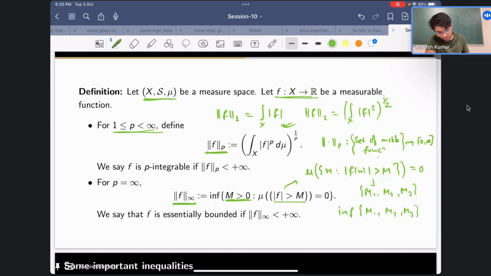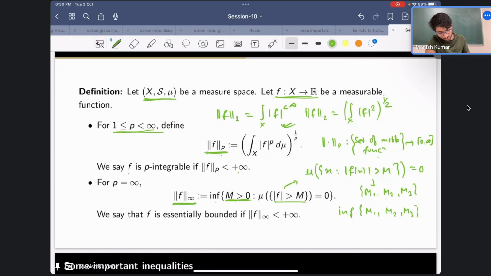Okay, now the measurable function f we started off with will be called p integrable if the norm of this quantity is finite. Okay, you can clearly say that this is greater than or equal to 0, right? If this is finite, then we say that the function is p integrable. You remember that when this was finite, we said that f is integrable. Now since we are dealing with p, we will say p integrable.